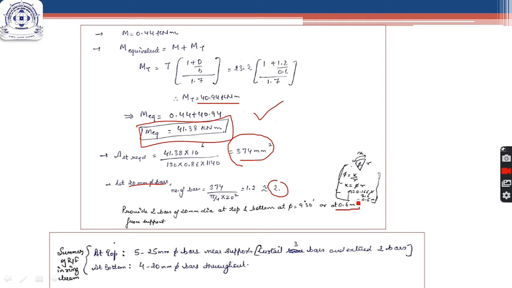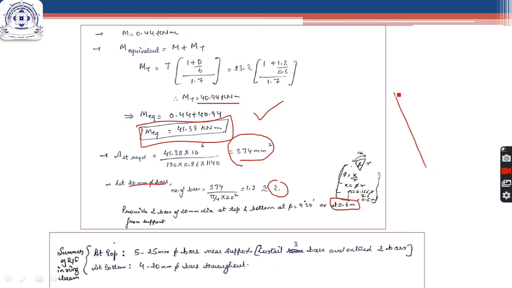Now I have written here 0.6 meter also, because 0.6 meter from support, because when you are at site you cannot tell that provide this much reinforcement at phi is equal to this. Okay, it will be very difficult or impossible to do such calculations at site. So when you are giving your drawings or giving the design to someone, you have to give the exact location of that point.